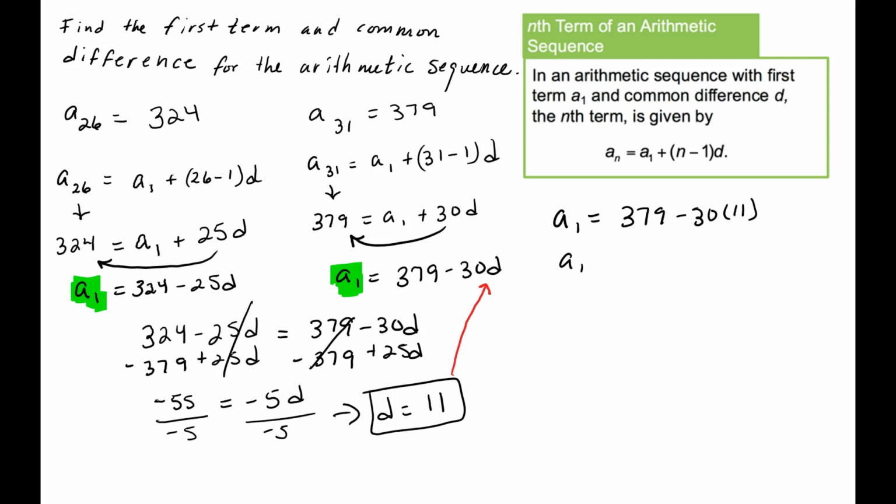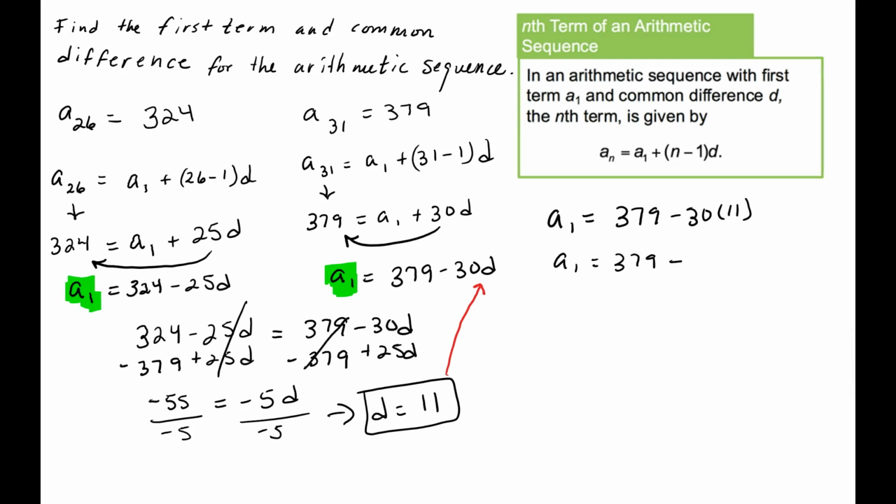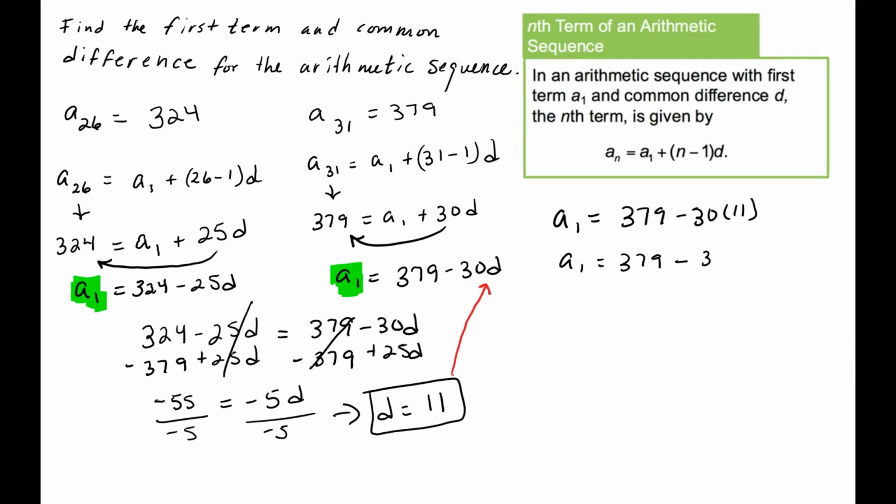So that's A1 equals 379 minus, and 30 times 11 is 330, right? So we subtract that and we get A1 equal to 49. There's the other answer we were looking for.